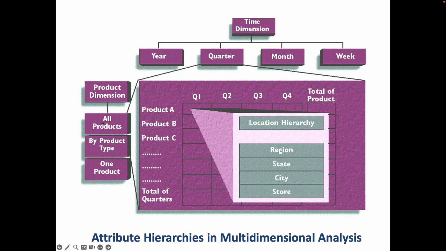Product can be grouped into different levels, such as all products, product type, or one product, depending on the level of your analysis and your question. How about location? Location is structured from broad to narrower, for example regions, state, city, store, and so on. Why are these hierarchies useful?